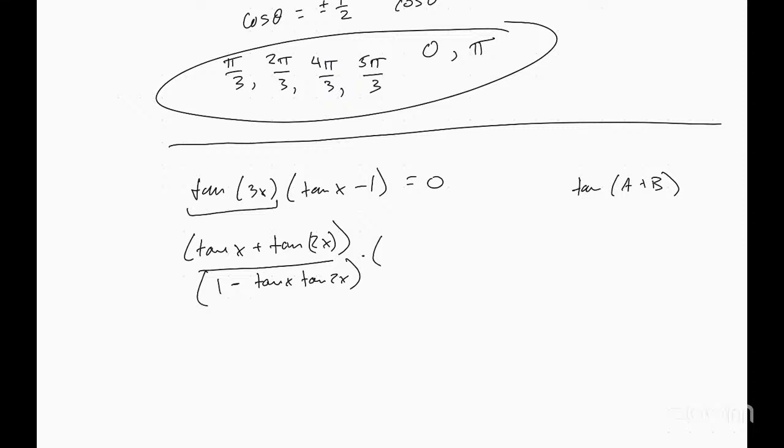Maybe there's a different way to do it, but that's just what I'm thinking we're maybe going to have to do. Does that help us simplify anything? What's tan 2x now?